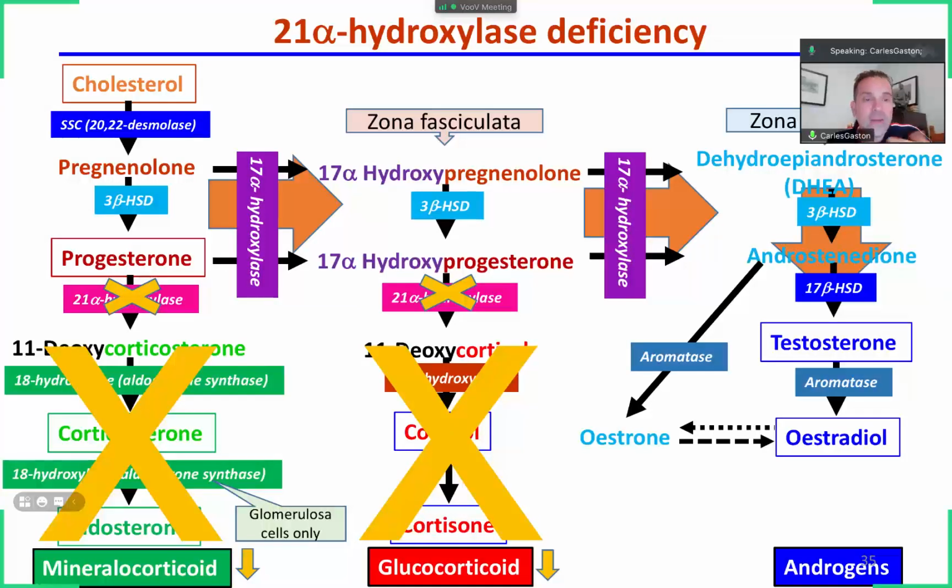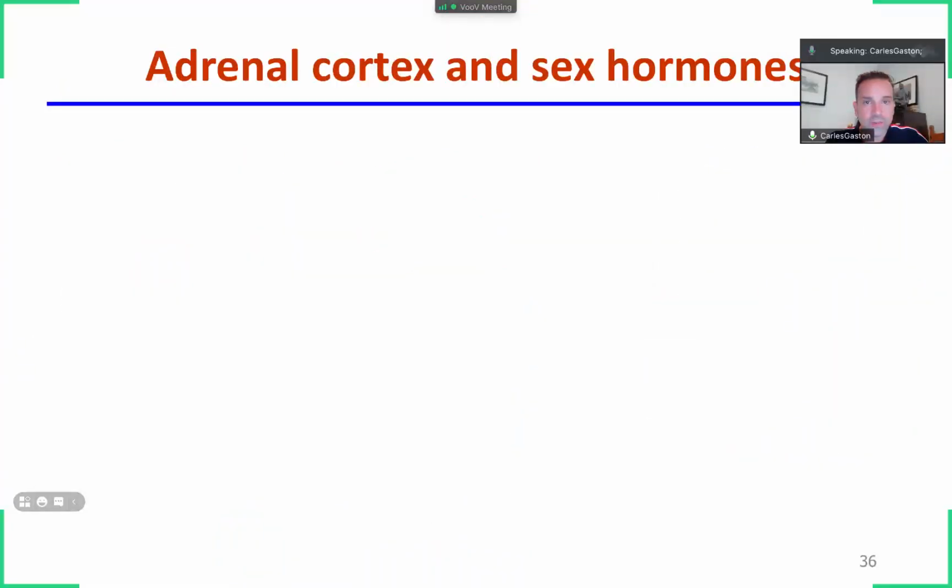So how does this represent in physiological terms? If there are mutations in these two enzymes that cannot produce mineralocorticoids and glucocorticoids, there's going to be a very big reduction of mineralocorticoid and glucocorticoid, a deficiency, but at the same time, there is going to be an increase in androgen production. So, for example, masculinization of feminine traits, more testosterone, and increase on androgen production.